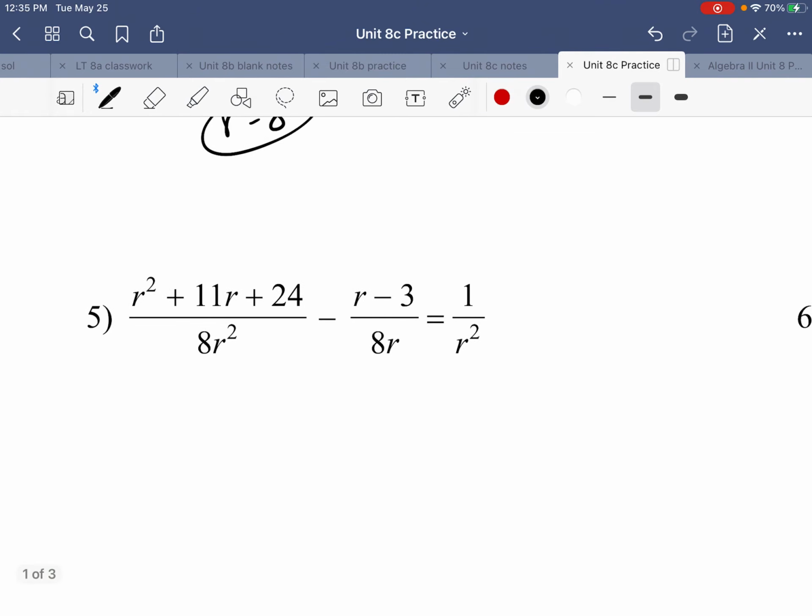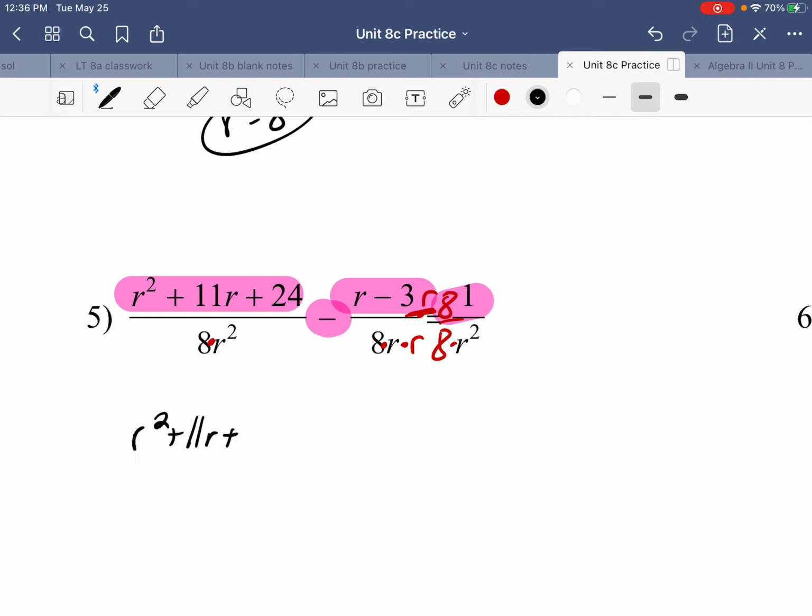Number 5, no denominators to multiply or factor. We can get 8r squared. You multiply by r divided by r. Looking at our numerator, we have, let me highlight this, r squared plus 11r plus 24 minus 8 or r times r minus 3 equals 8. I'm going to manipulate some things, move some things around.